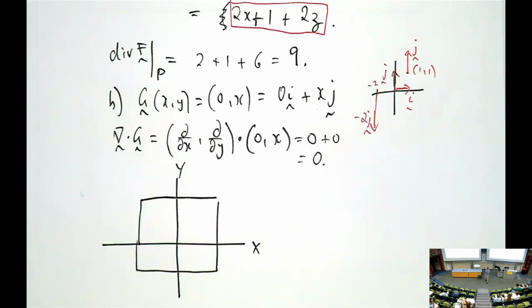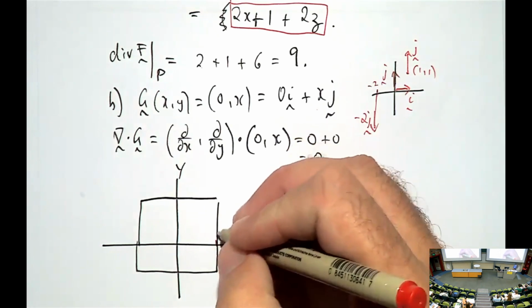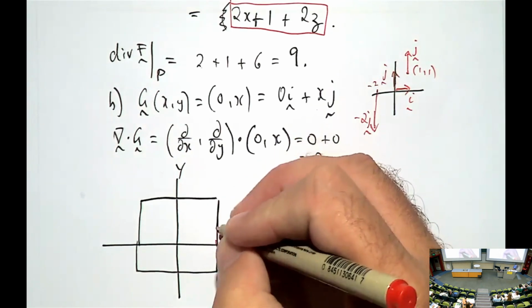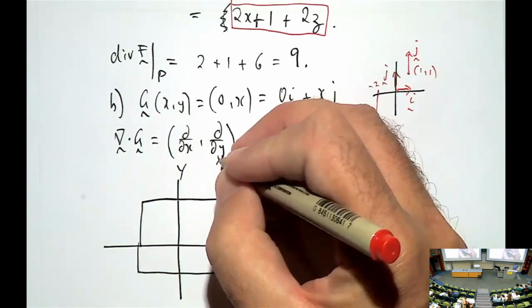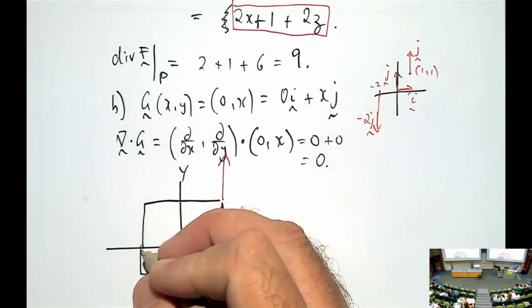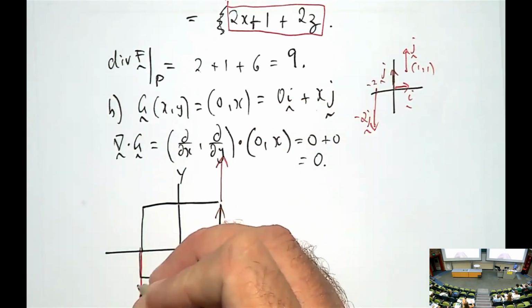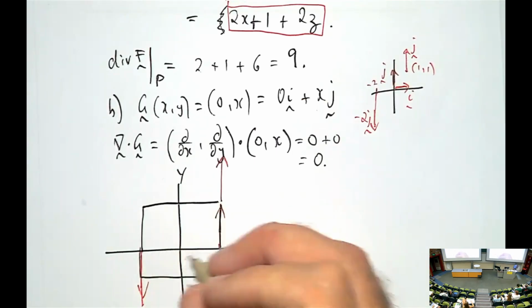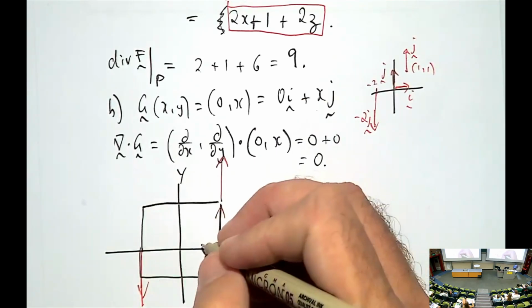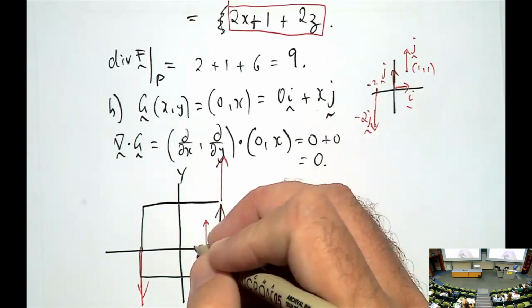Now imagine that's my rectangle. And as x increases along the positive axis, my arrows are going to get longer and stick straight up. So say I'm here, my arrows are going to stick straight up. If I'm over here, they're going to stick straight down. Okay, it isn't a great rectangle, but you get the idea. If I'm here, it's going to stick up, but not quite as much.